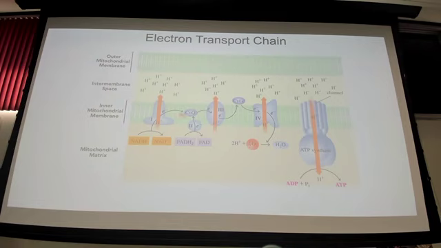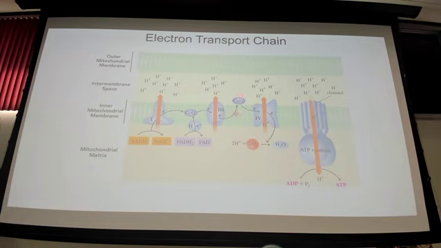CoQ will take the electrons from complex 1 and complex 2 and donate those to complex 3. Again, more hydrogen protons will be pumped into the intermembrane space. This process is building the gradient that will be the driving force for ATP production.